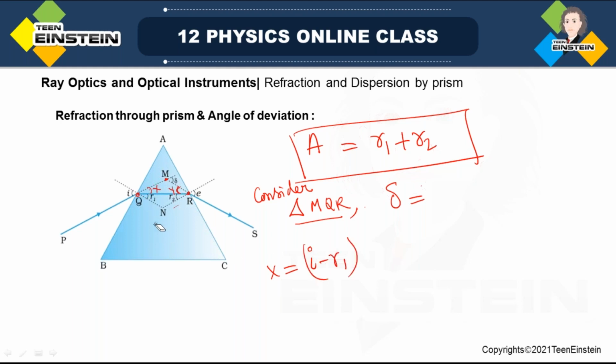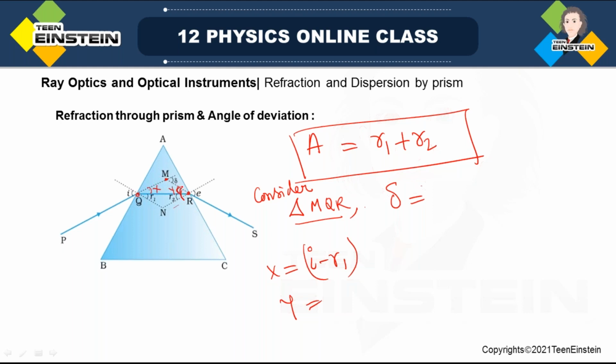I hope you will be agreeing. Look, this is R1, and this whole angle is equal to I. So this angle X will be equal to I, the angle of incidence, minus R1.